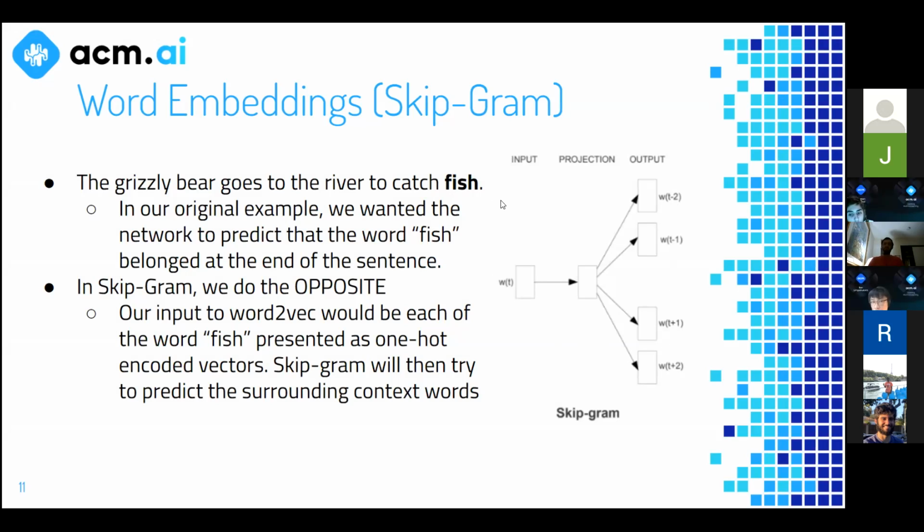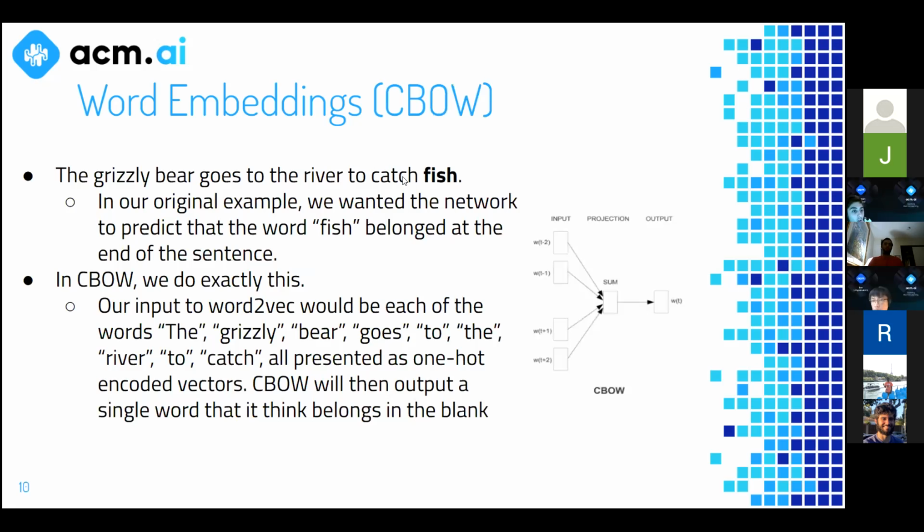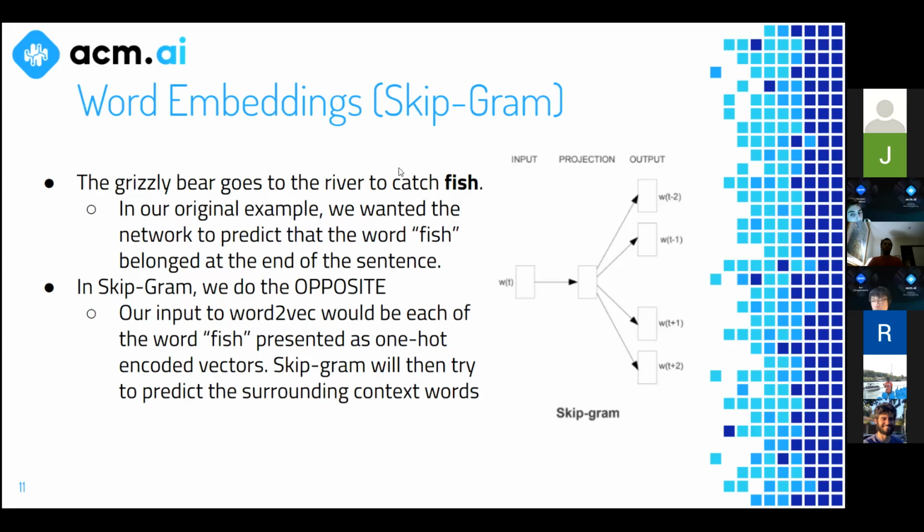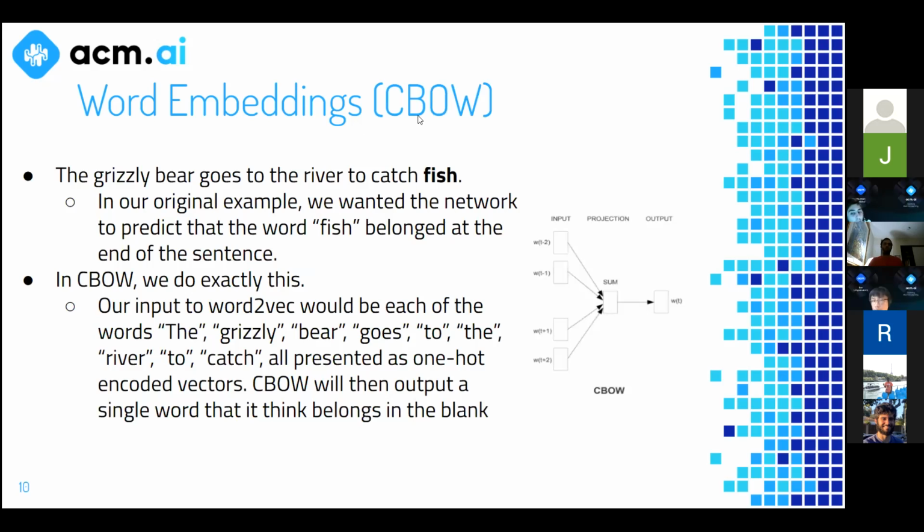So it's kind of the opposite, and this might seem counterintuitive. They both work pretty well in terms of generating the word embeddings. Skipgram is generally preferred in some applications, and CBOW in others. Honestly, I think most people use CBOW, and it's more intuitively friendly.